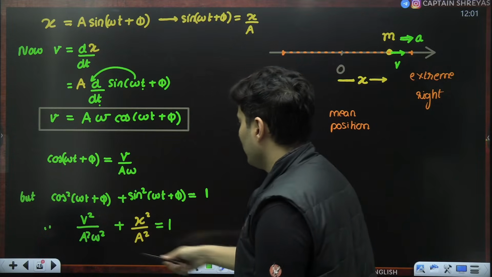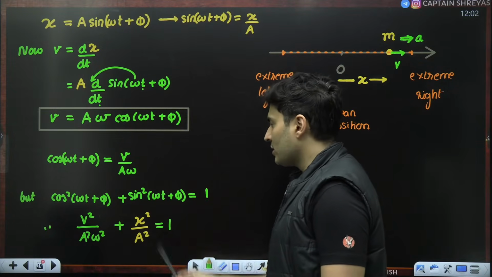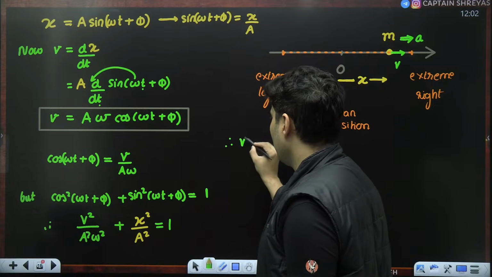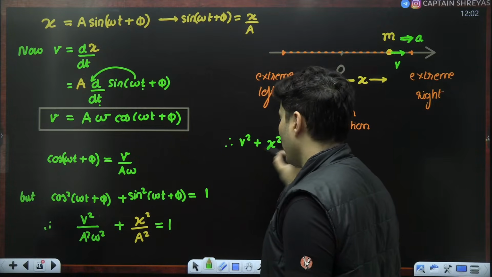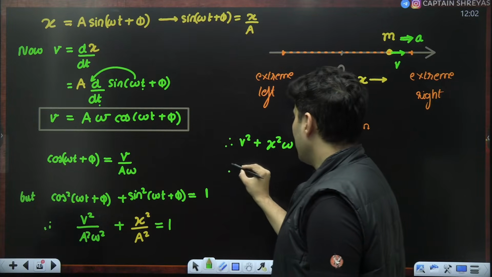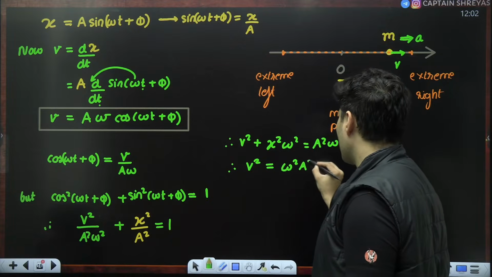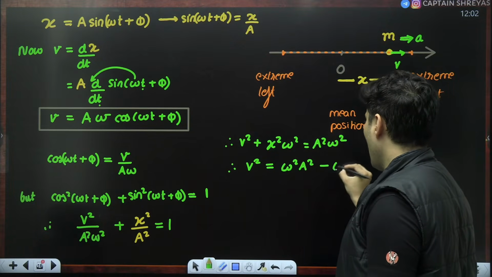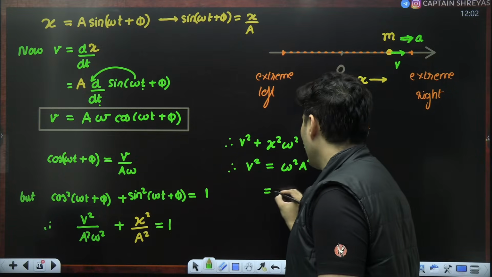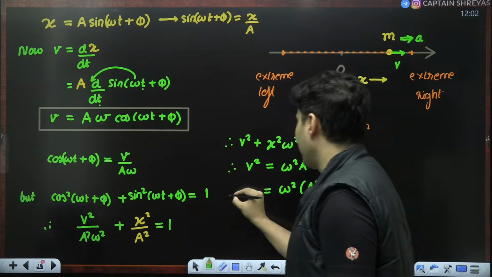We will play around with this: multiply the entire equation with a square omega square. So it will become v square plus x square omega square equals a square omega square. Therefore, v square will be omega square a square minus omega square x square. So omega square is common, and what I'm left with is a square minus x square.